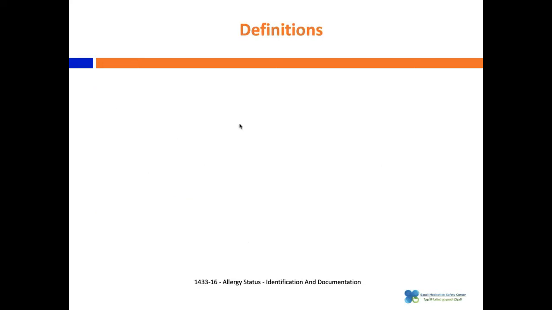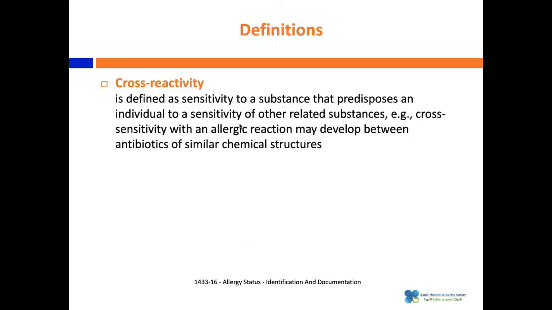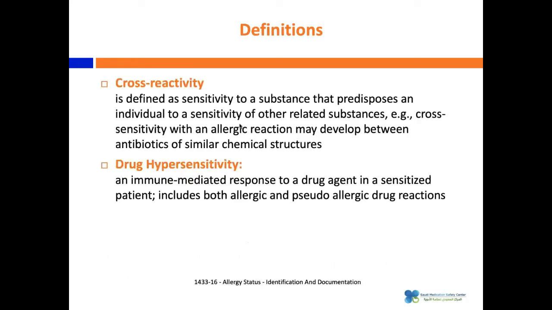Going to other definitions here, cross-reactivity. This is very important for you as a pharmacist, and I would like to emphasize this point, okay? There is a one-stop resource in the intranet. When you go to the intranet, go to the one-stop resource and print the cross-reactivity algorithms.